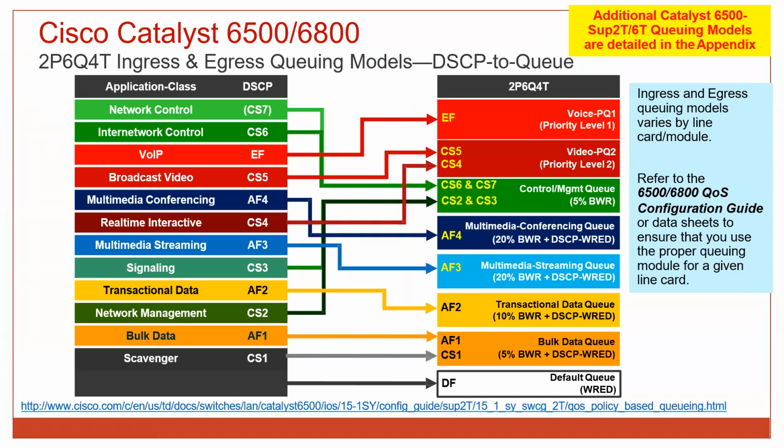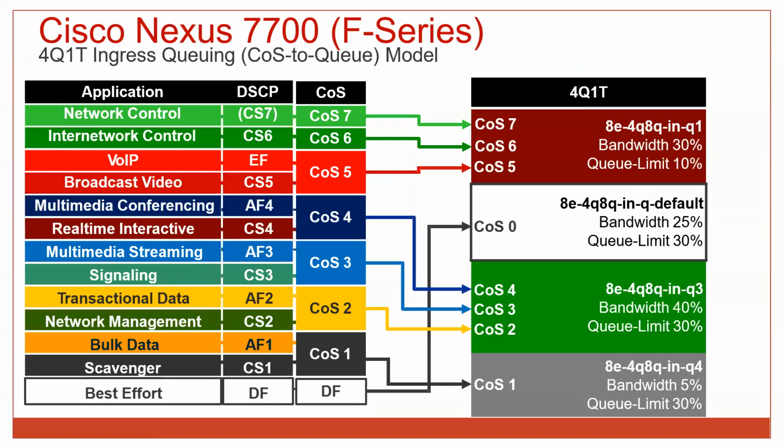So now you can see that this is Catalyst 6000. Just focus on this part here: 2 priority queue, 6 queues, and 4 thresholds. So in Catalyst, you can further divide one queue into 4 threshold values, right? Then let's go and check the Nexus design.